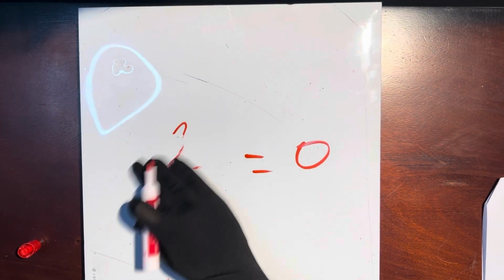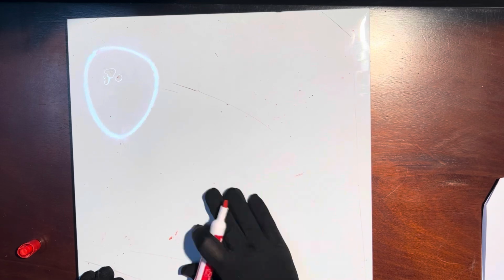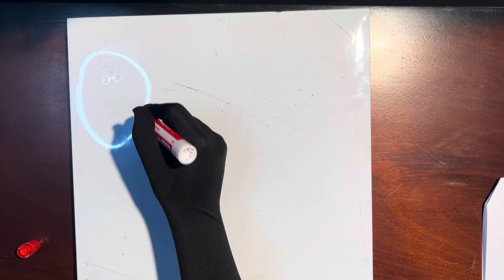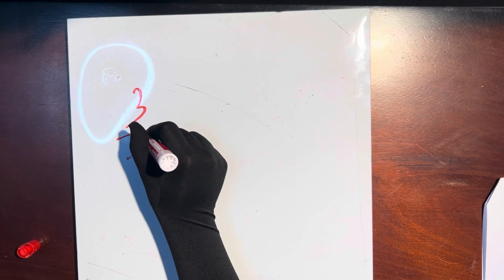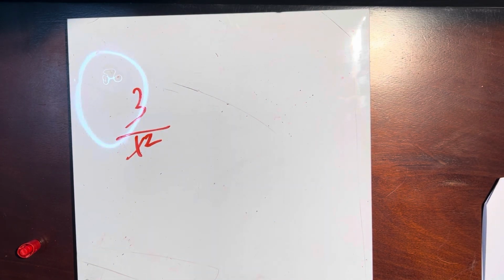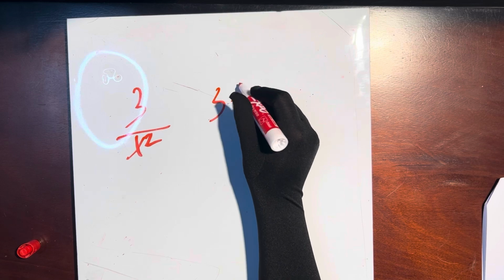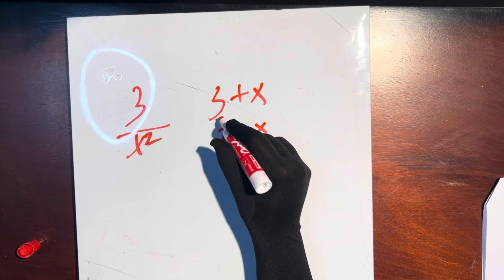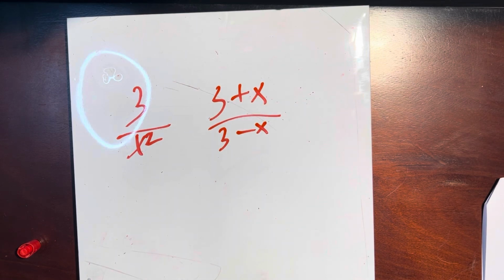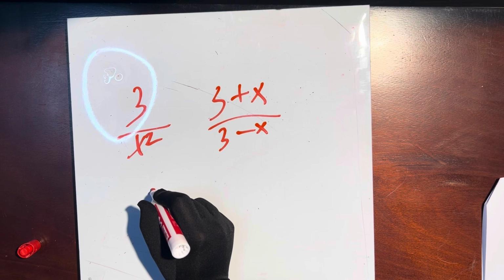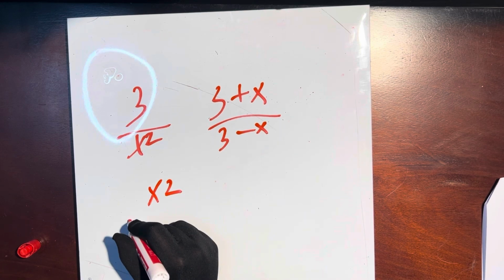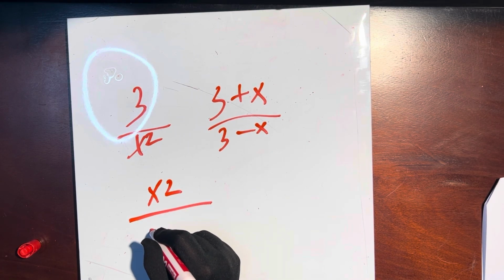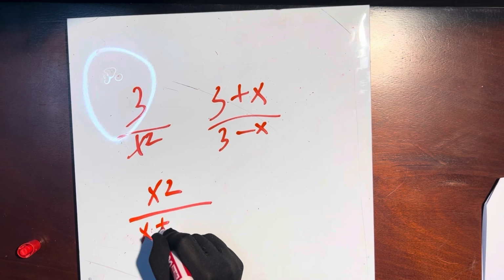Now, here's an easier way to look at it. Take an equation like 3 over x squared. An equation like 3 plus x over 3 minus x. And finally, an equation like x squared over x plus 3.